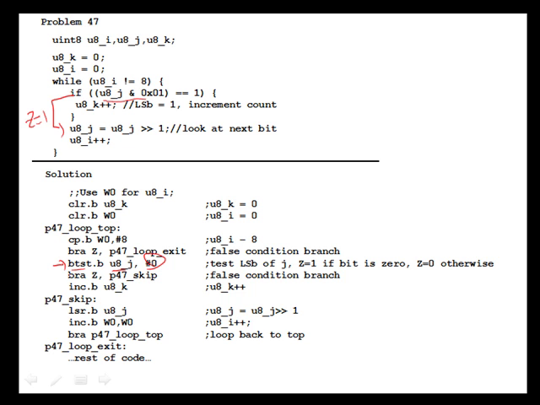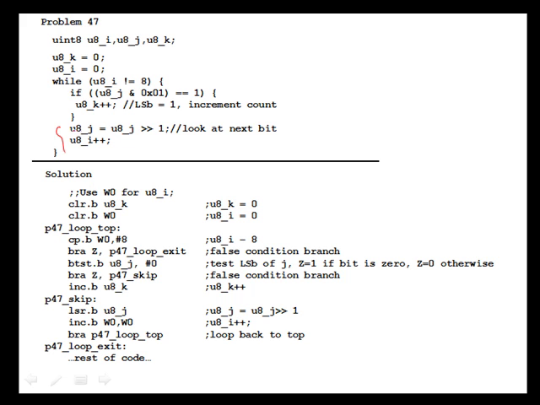So we want to skip the if body if the Z flag is true. If the bit is a 1, then the Z flag will be cleared, and we won't take that branch, and we'll execute the if body, which is simply incrementing this K value. So here's where we're going to increment the K value.